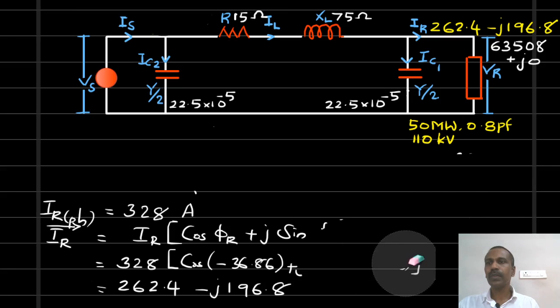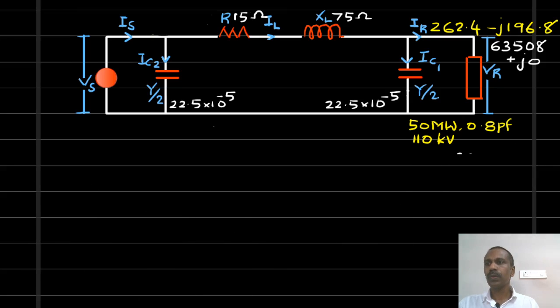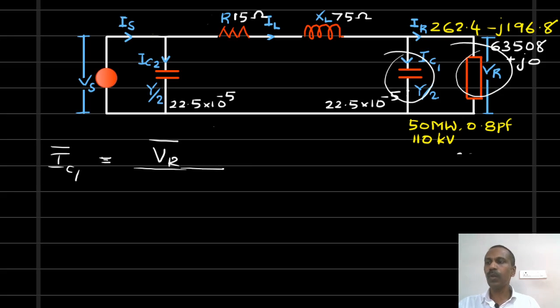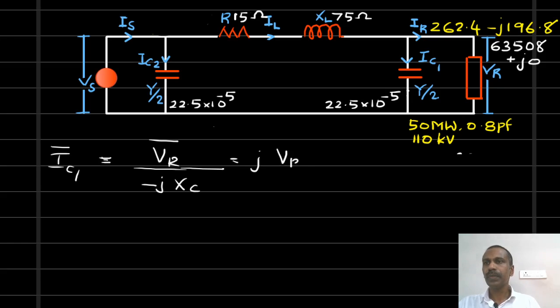Now we have to find out the current flowing through this capacitor IC1. IC1 is equal to the voltage across the capacitor. It is same as the receiving end voltage because the capacitor is in parallel with the load, divided by capacitive reactance. It is minus jXC. 1 by minus j is equal to plus j into VR into 1 by reactance, which equals the admittance.